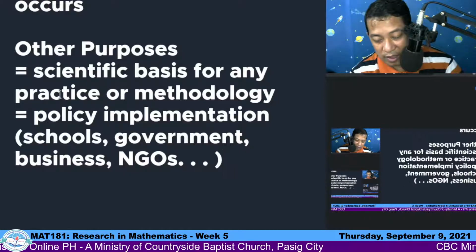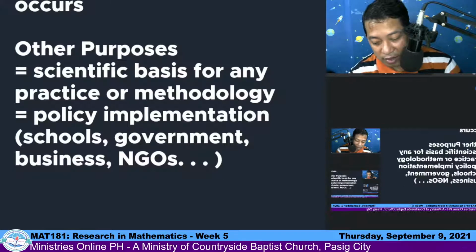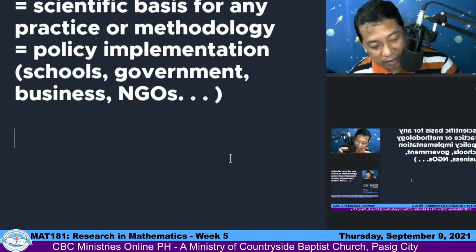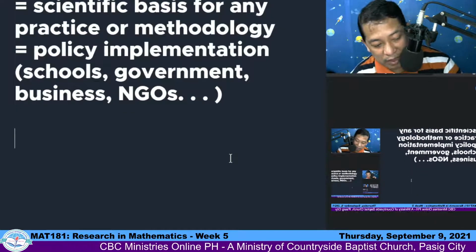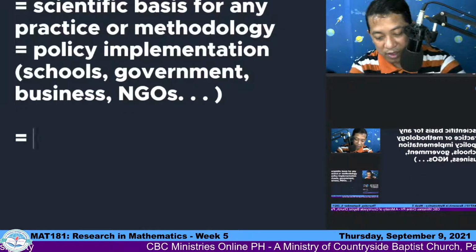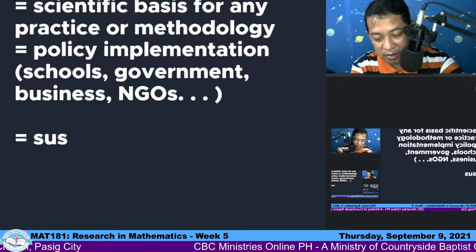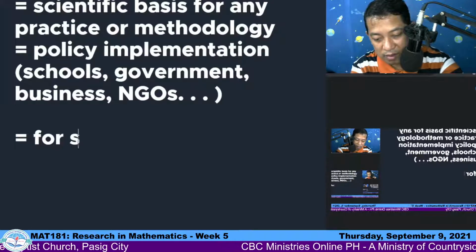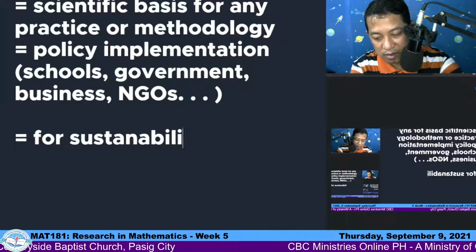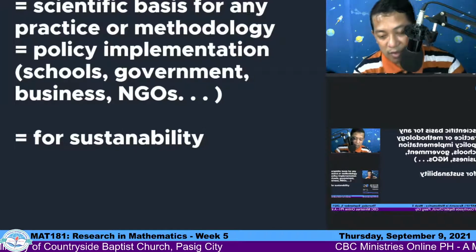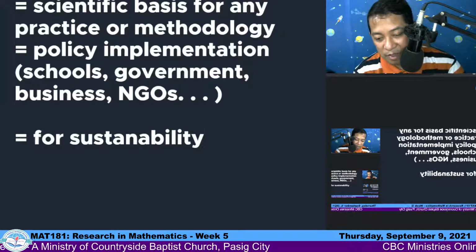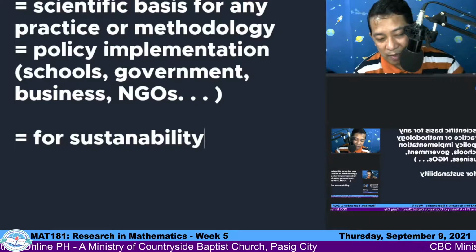Another category of purposes is that research undertaken for sustainable development, no? Research that for sustainability. So yung basis for scientific, this for our policy implementation.